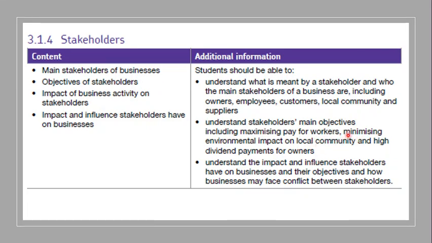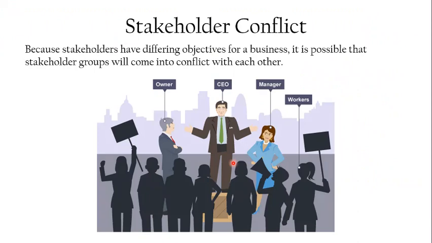Local communities' objectives tend to be around minimising the environmental impact on themselves, and owners' main objectives tend to be around getting high dividend payment in return for their investment. I did go through that in the previous video, so by the time I've covered conflict between stakeholders, we'll have covered all of the things that we need to in terms of stakeholders that's in the specification.